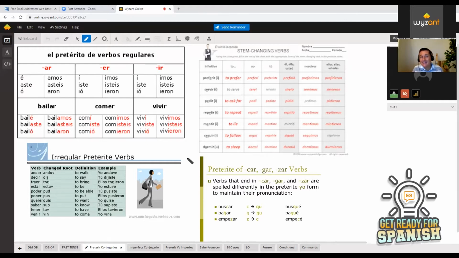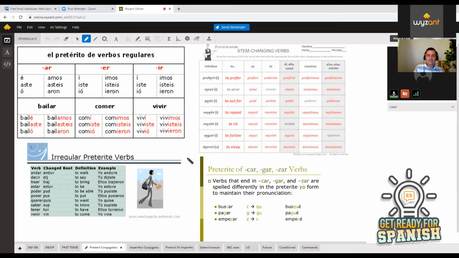In English, in the past tense, generally speaking, for regular verbs, you will add an ed to the infinitive, okay? And that's it. That is conjugating in English. You add an ed, it doesn't matter who's doing the action, you just put an ed at the end. Or if it is an irregular verb, you go to the irregular verbs and you go to the middle column right there and you choose that.